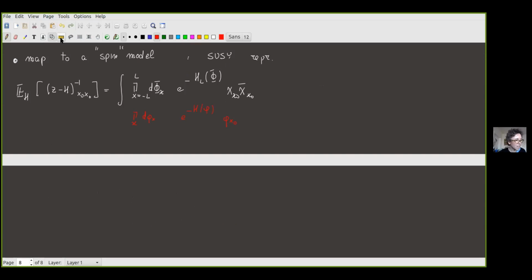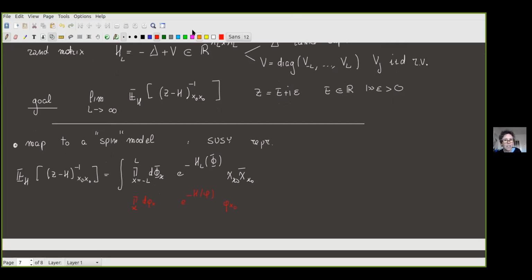So what is phi? Remember, before, each spin was a real variable. Now the spin is a vector with two real and two Grassmann components. So phi is a vector in R2, and chi and chi bar are Grassmann variables.